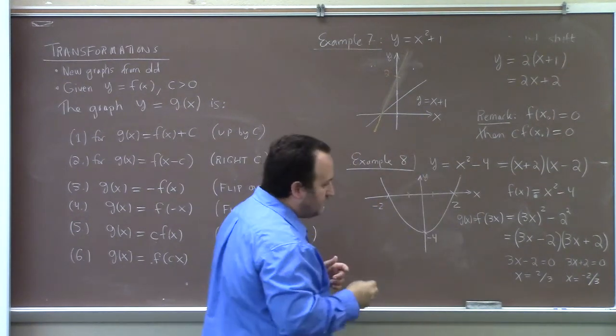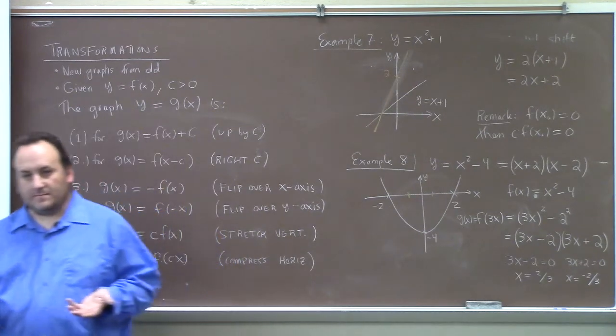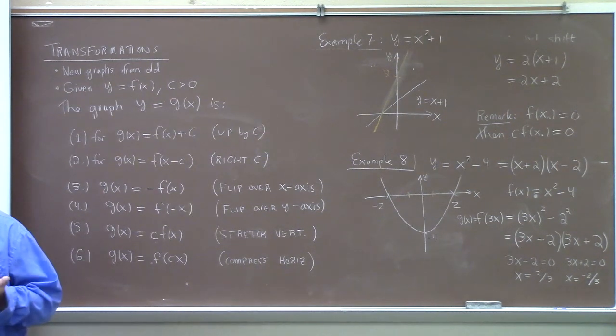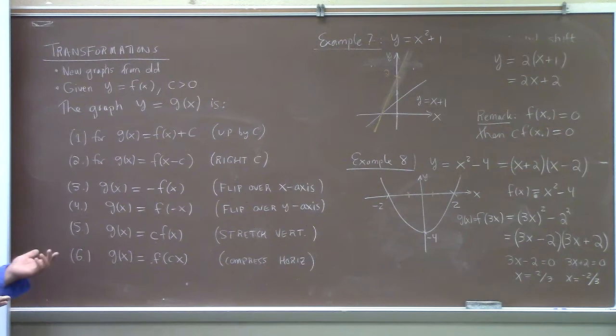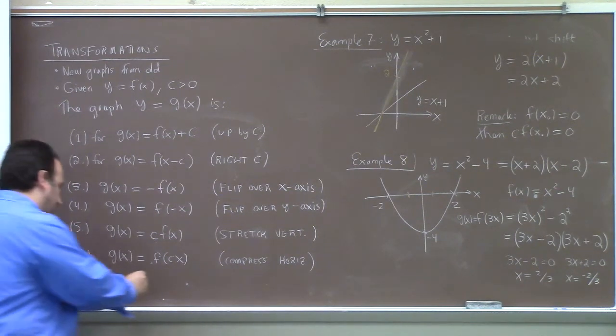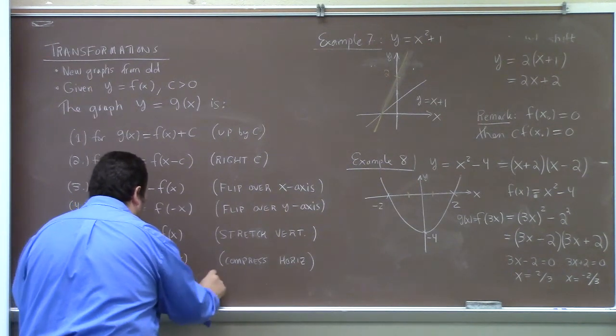And where's the y-intercept of the transformed function? Notice that there's a symmetry here in the logic. The y-intercept is not changed. f of 0 is equal to f of c times 0.